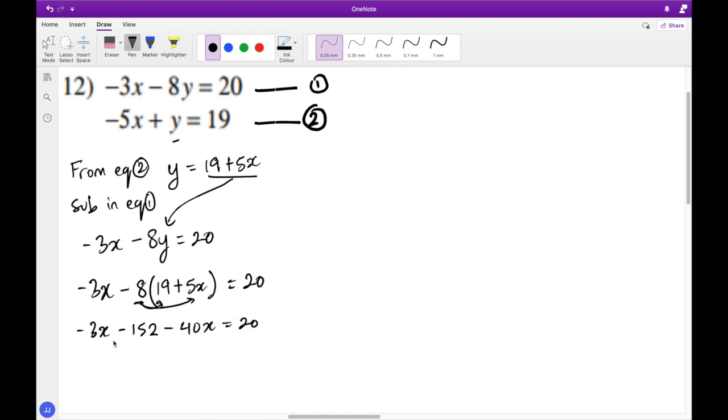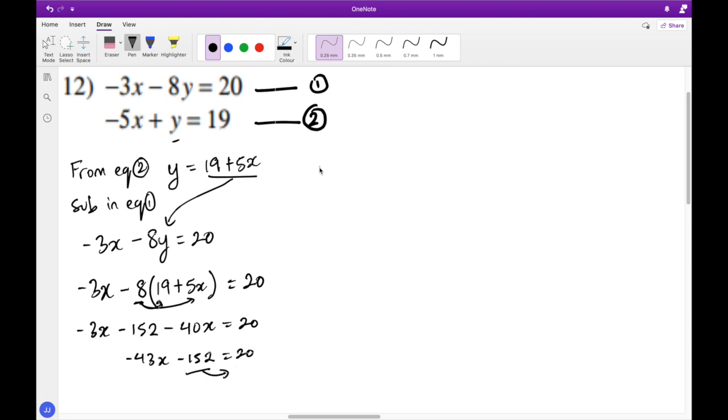Now we just try to simplify. Negative 3x minus 40x will give us negative 43x minus 152, and that is equal to 20. So now we can throw over the 152.